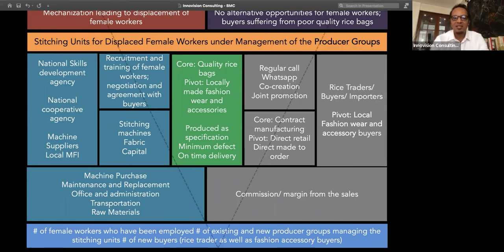And like I said, the machine suppliers and the local microfinance institutions can come in. The machine suppliers have a definite interest. If there are more producer groups doing these kinds of activities, that means more sales for them. Similarly, there'll be more need for credit to purchase the stitching units and the raw materials. So therefore, they also have an interest.